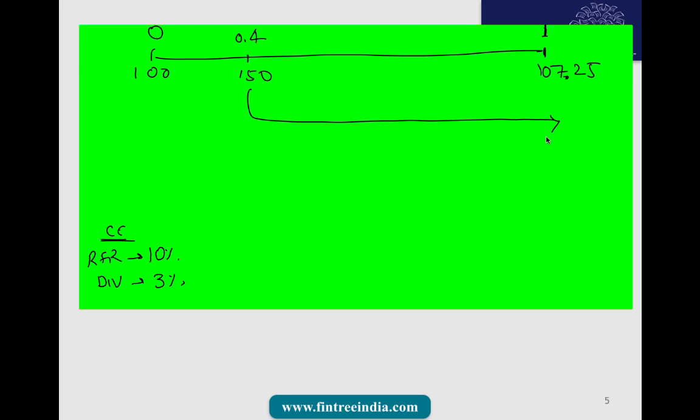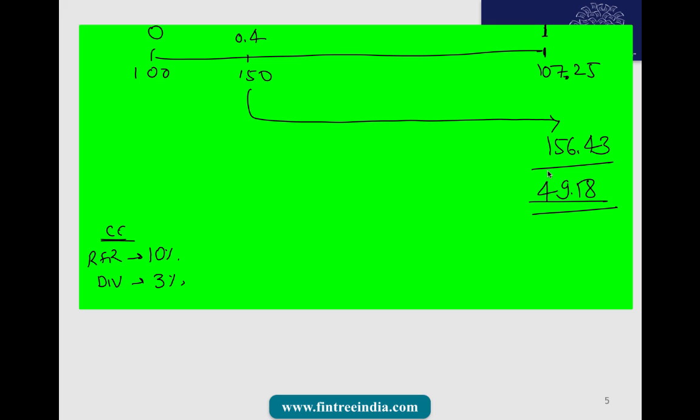Second, e raised to x multiplied with 150, that will give us a no arbitrage price of 156.43. Now we will take the difference between these two prices. So 156.43 minus 107.25, that difference would be 49.18, which is your profit.